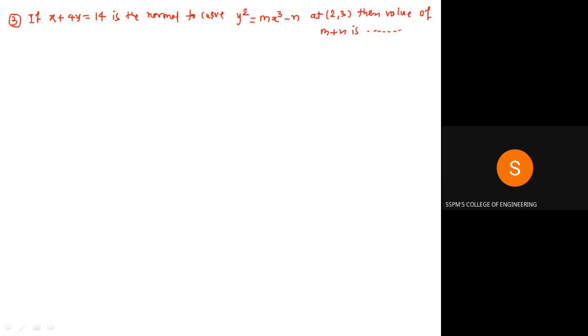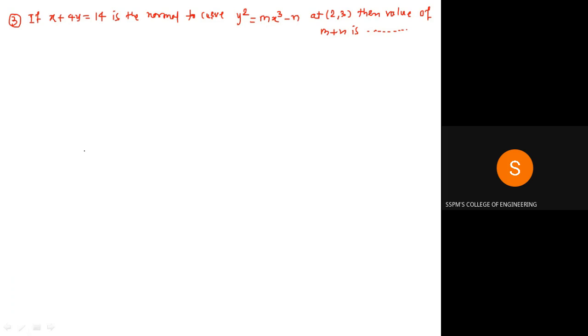You have to find the value of m plus n. So here m and n are constants. So here in the equation of curve, m and n are constants and x and y are variable quantities. Okay. So consider here the equation of curve, and then find their derivative.